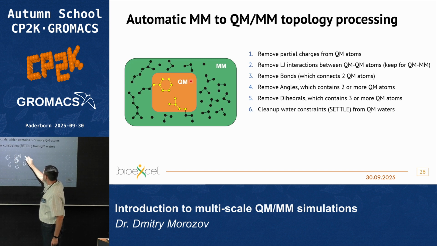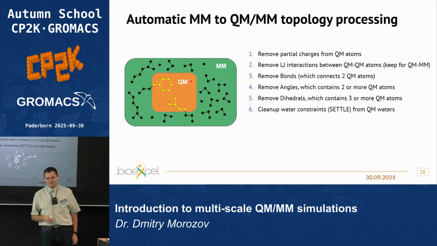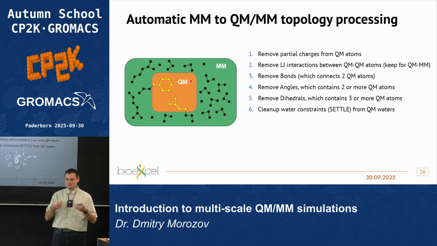It tries to surround itself in the waters, rather than be close to some QM part. So if you just put the QM part into the water, and if the QM part, for example, consists of 2 or 3 molecules, what will happen? They will try to move away.